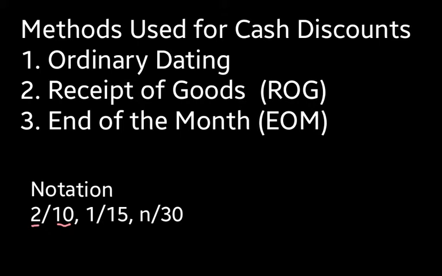The terms you see here at the bottom would be for ordinary dating. For the 2/10, that's a 2% discount within 10 days, followed by a 1% discount within 15 days as long as it's after the 10 days, so basically days 11 through 15. And then after 15 days, you'd have to pay the N, or the net price.